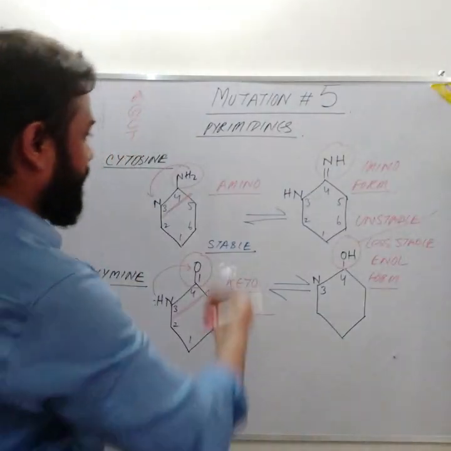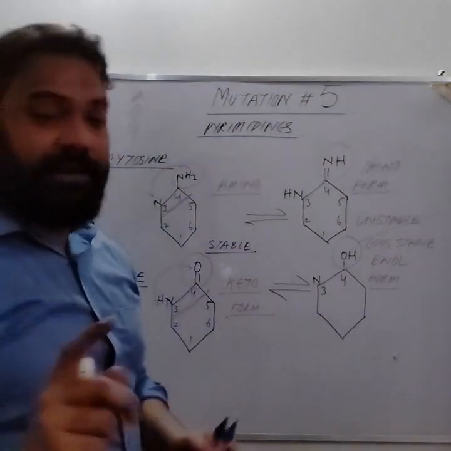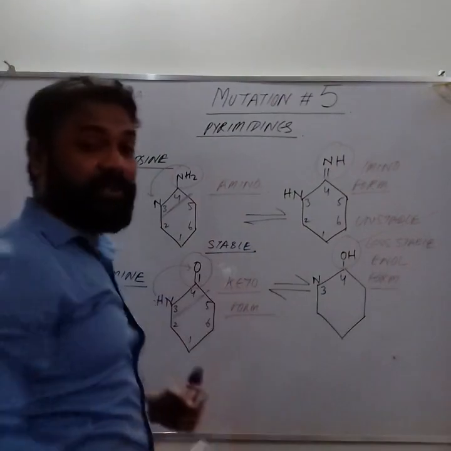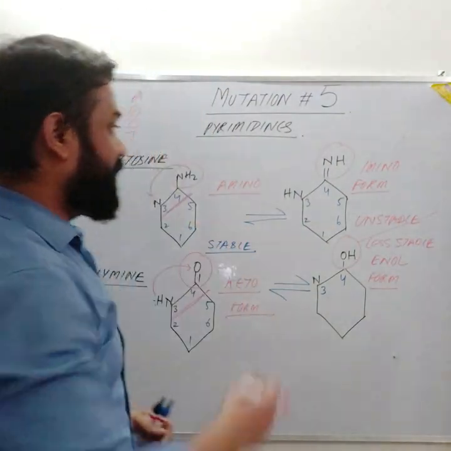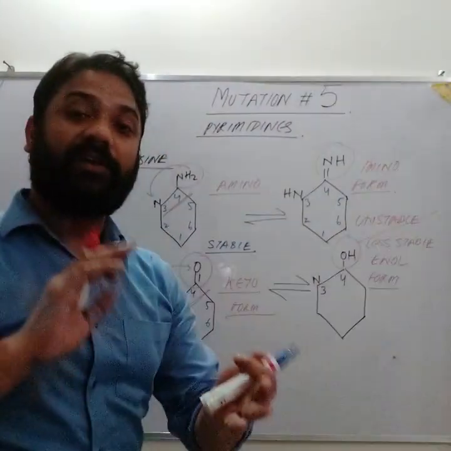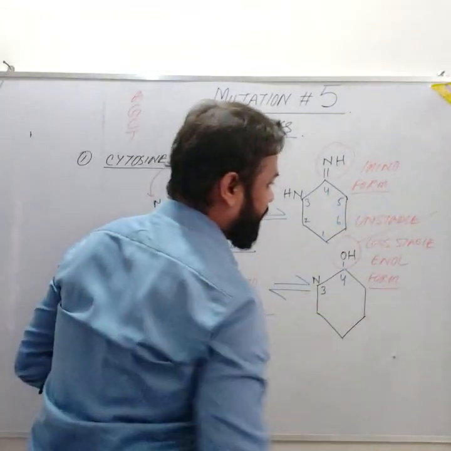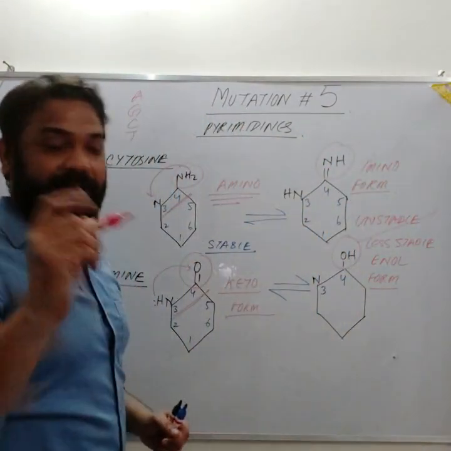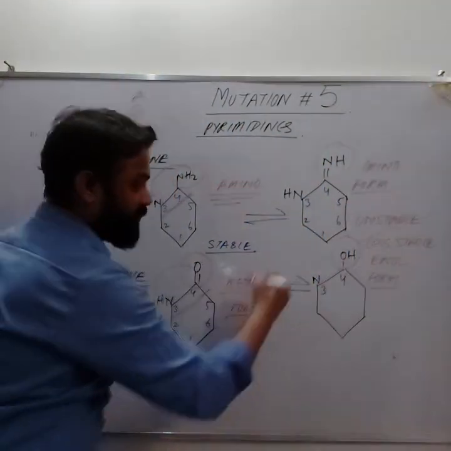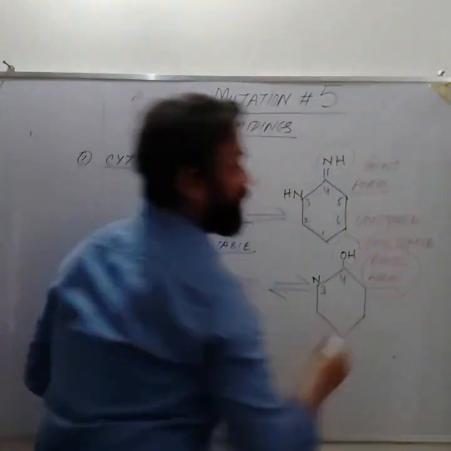That means whatever bases we have studied, for example adenine, guanine, cytosine and thymine, we have seen that we have the stable forms, and due to change in position of hydrogen, or tautomeric shift, these structures convert to the unstable form. If it is the amino form, it converts to imino form, and if it is the keto form, it converts to enol form.